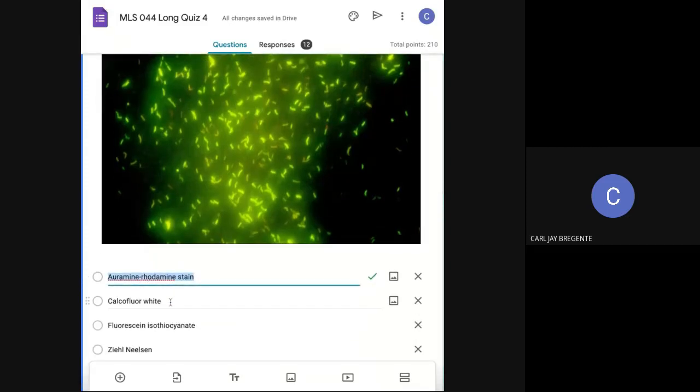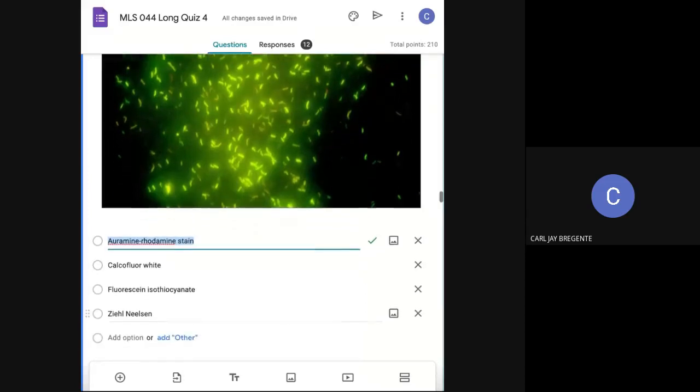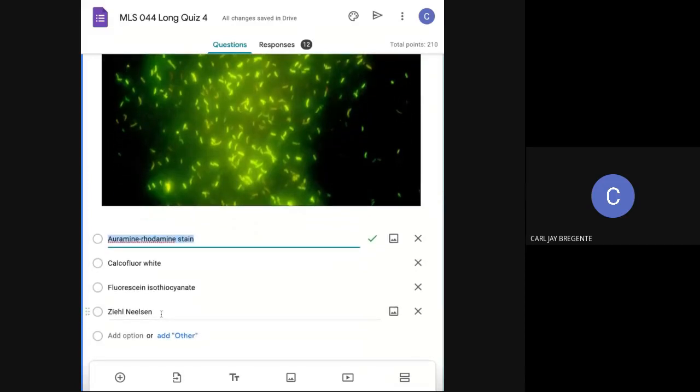Calcofluor white stain is not commonly used for mycobacterium. This is commonly used for mga yeast infection. Fluorescein isothiocyanate stain is commonly used for mga biopsy infection. Ziehl-Neelsen is definitely not a fluorescent staining because this is a differential stain, one of the methods of your acid fast stain.